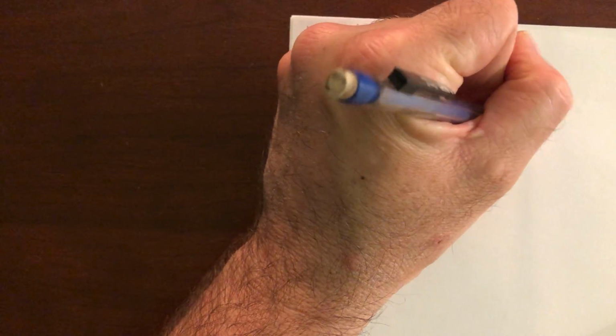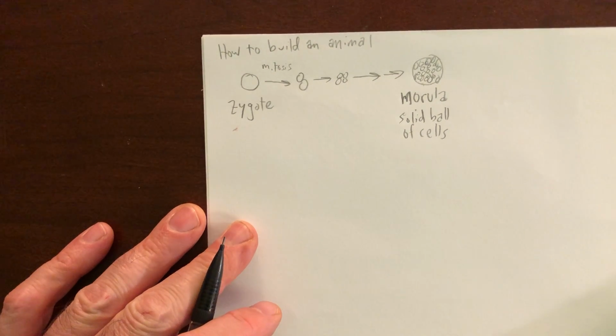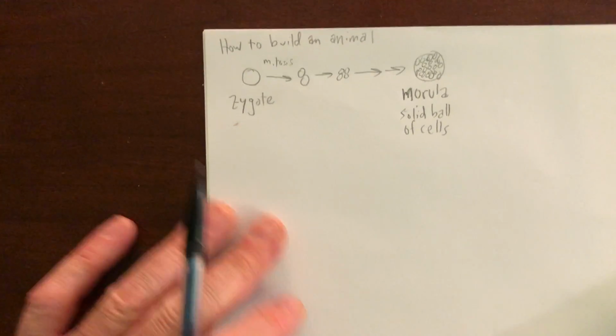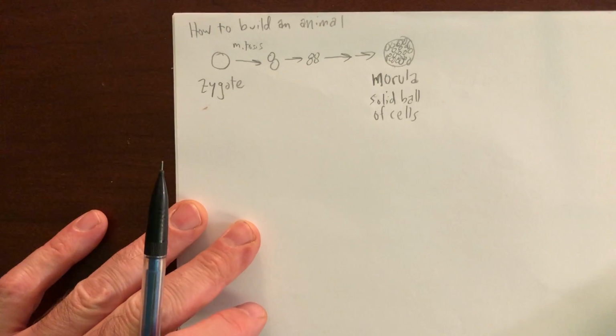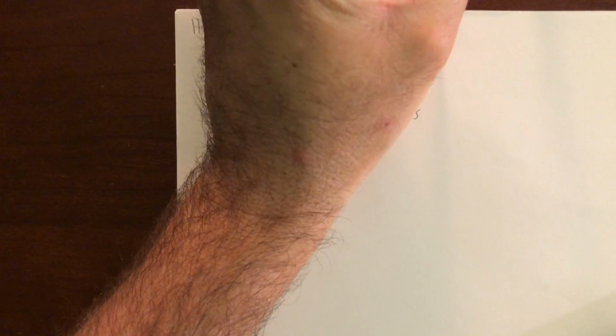Solid ball of cells. And when I say solid, think like a golf ball is solid, or a bowling ball is solid. Not like a hollow ball, which is what comes next.